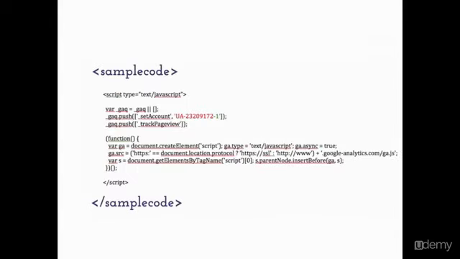Now this is the sample code that Google Analytics will ask you to add onto your website. As you can see, at the top it says script type text JavaScript, so it tells you it's a JavaScript piece of code. In red, you can see your account number. The little -1 next to it, in green, is useful if one account has many different tracking codes, and I'll get into that later as to why you would want this.